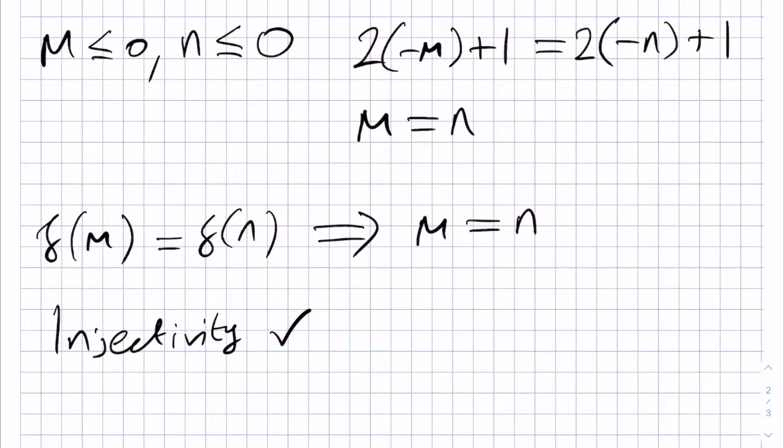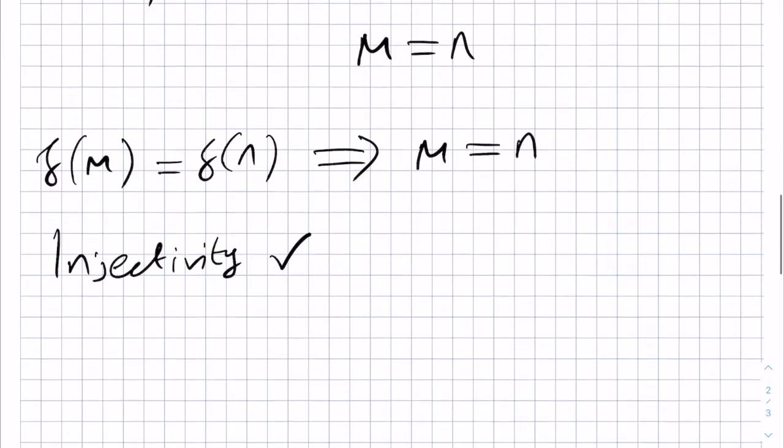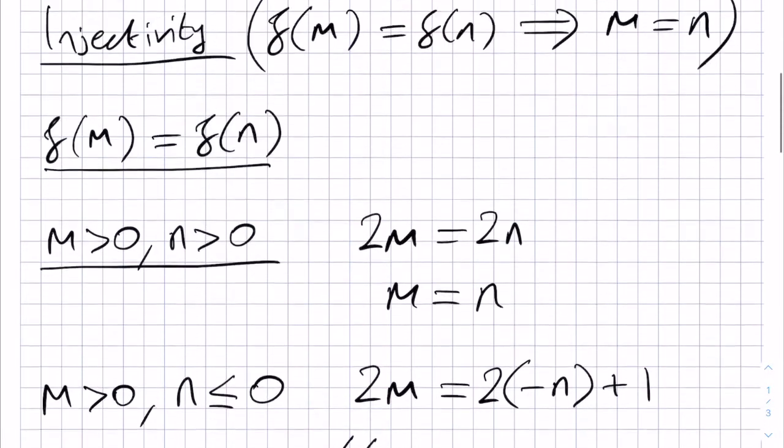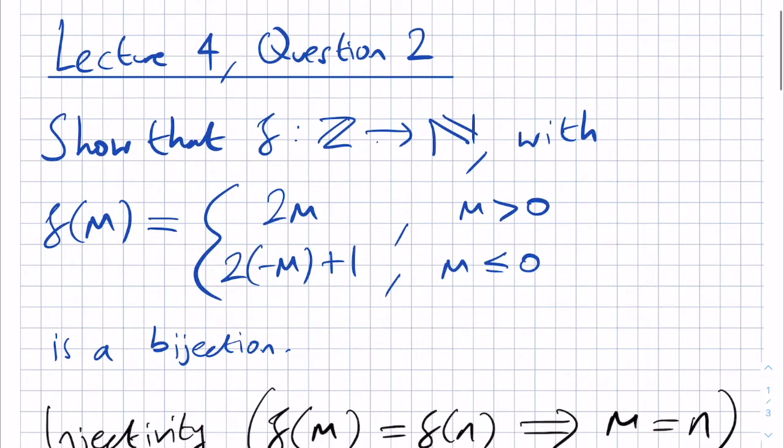Now, for bijectivity overall, we still need to show surjectivity. Recall that for surjectivity, we want to show that for every value in the range, which is N, the natural numbers in this case, there exists a corresponding number in the domain, which is the integers Z, such that applying f to that number in the integers gives us the number in the natural numbers.